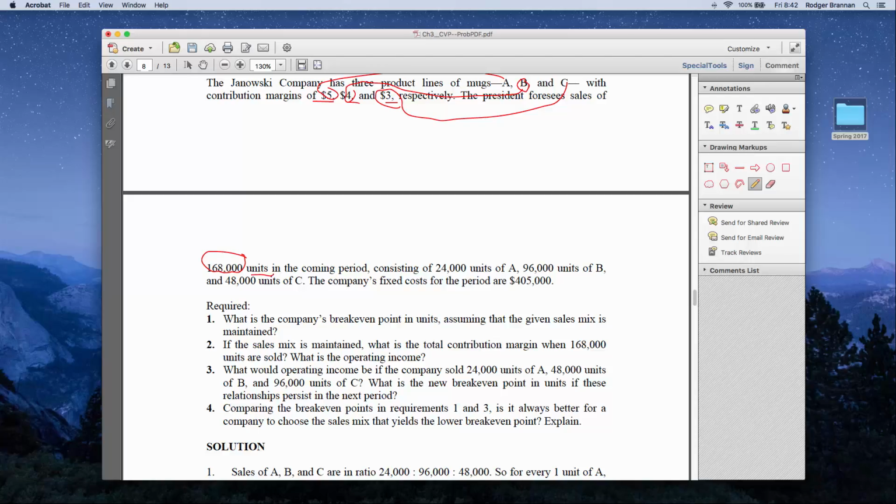Of that total, 24,000 are A, 96,000 are B, and 48,000 are C. The trick to doing multiple products, and what I did was write up here the amounts that equal 168,000, is to reduce this down to a usable ratio. In this case, it's nice and neat. I can divide all these numbers by 24, and I come up with a ratio of 1, 2, and 4.